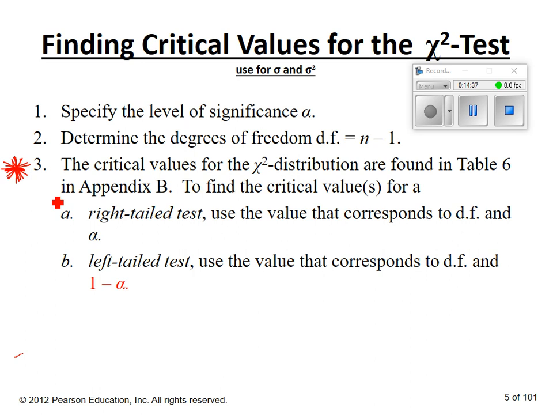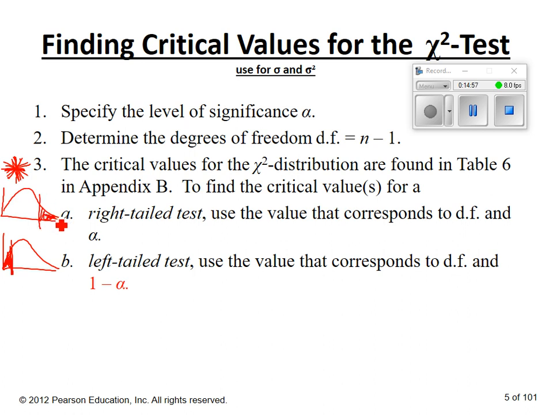If it's left-tailed, with our chi-square, remember that graph's gonna look like this, it doesn't look like the normal curve. If it's left-tailed, over here, you gotta do 1 minus alpha, then use the chart. If it's right-tailed, you just use the chart, and it tells you.